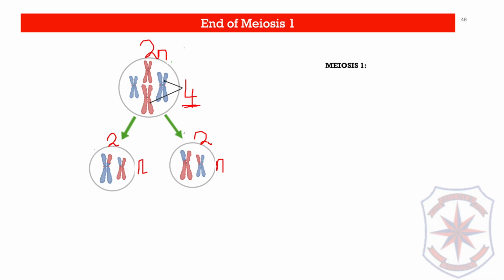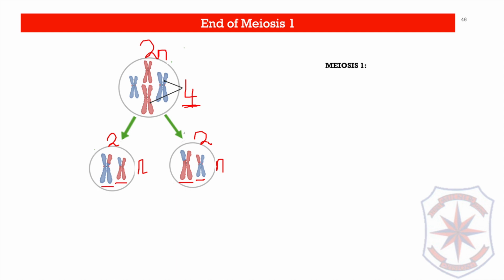Okay? And another thing that we must note, when we look at every single chromosome in the daughter cells, they are genetically different from each other. They have different combinations of genes. Another thing that we must note is that the chromosomes are still replicated. They still have 2 chromatids each.